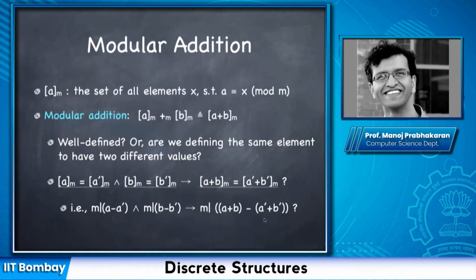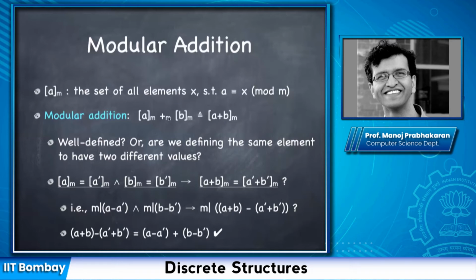But A plus B minus A prime plus B prime can be rewritten as A minus A prime plus B minus B prime. So if each of these were a multiple of m, then so is this one. Okay, so these questions are indeed answered in the affirmative. So yes, this is well defined.